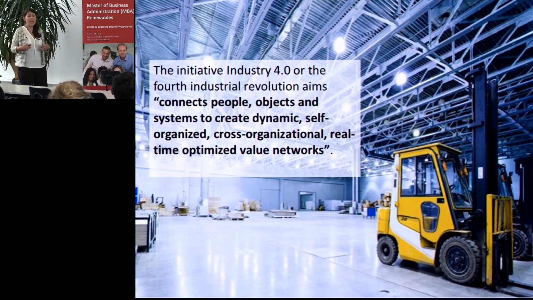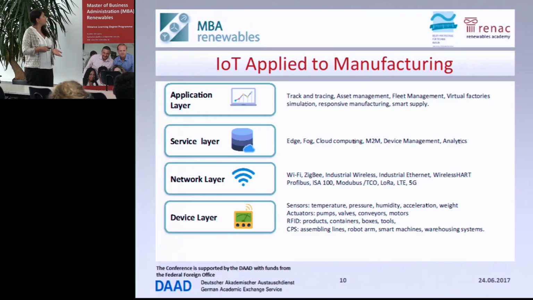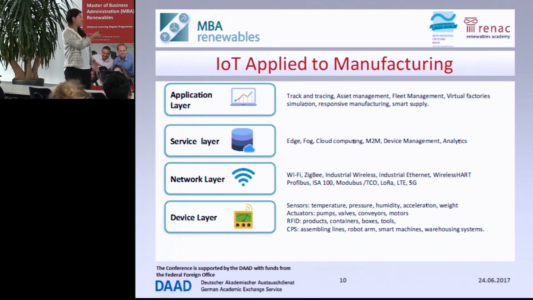The main purpose of this is to use digitalization in order to be more competitive and to have an optimized value chain. So what are the things here? This is a very simple layer view, a communication layer view of IoT.